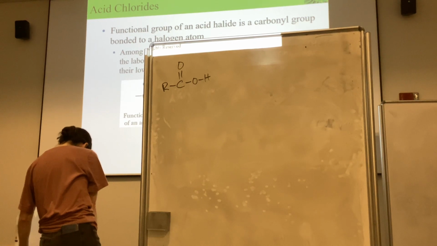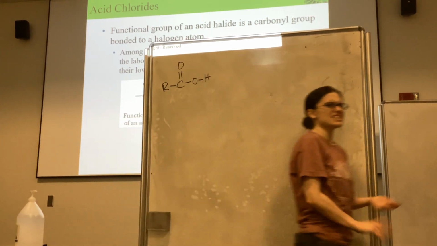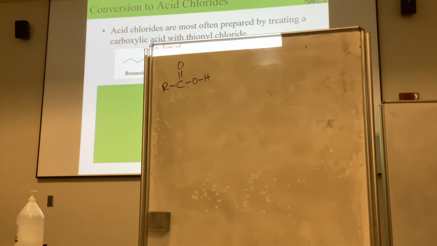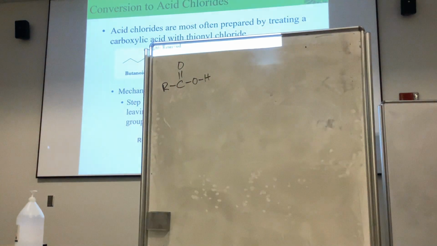All right. So step one. I think I put conversion to acid chlorides here on your list as a mechanism that you should know. And what I didn't realize is that their first step is not a step.